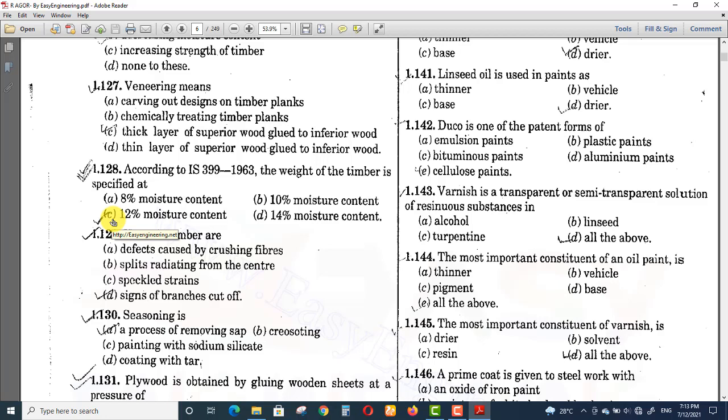So whenever we take the weight of a timber, we do it after proper seasoning. So we will take the weight of timber at 12% moisture content, and IS 399-1963 has also defined this percentage.